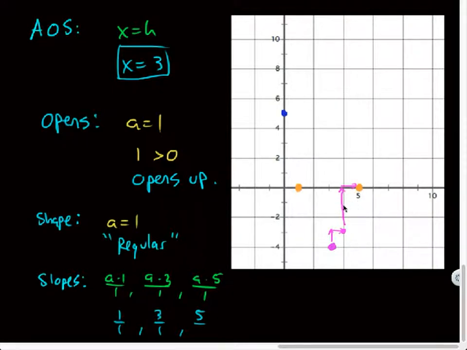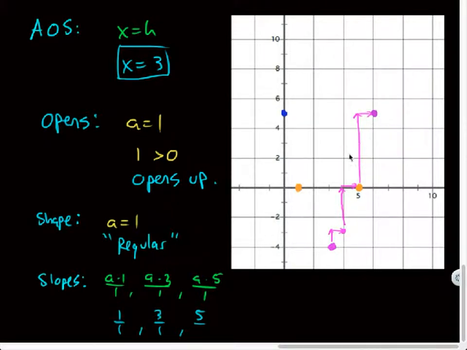And notice that gave me one of my x-intercepts in this case. Not always the case. And then from there I would go up 5 over 1. So here I just gained another point. Right? So the coordinates of this point look like they'd be over 6, up 5, if I wanted to know where that was specifically. And then from here I could go up 7 over 1, which would land me at 12 or something like that.